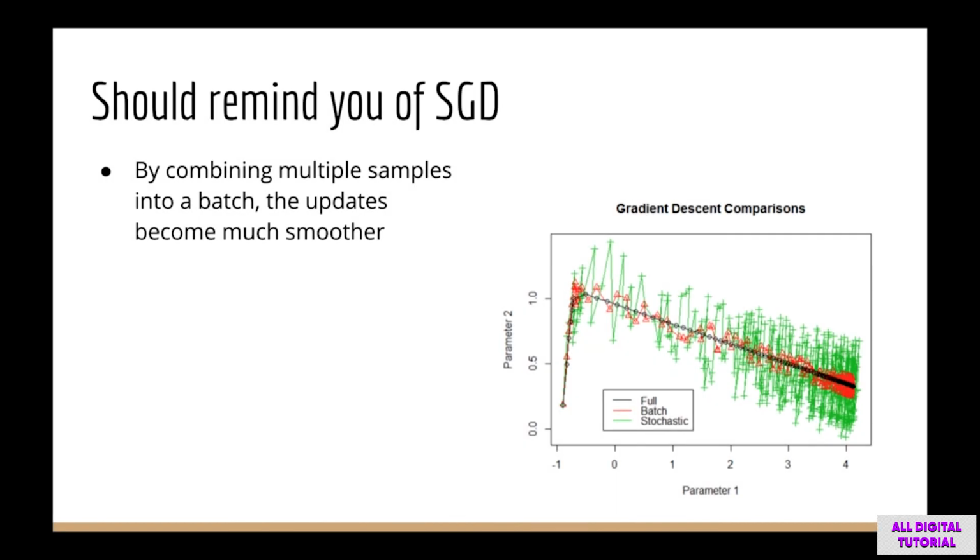This is like, say, instead of doing stochastic gradient descent, where you look at one sample at a time, you can do batch gradient descent, where you look at several samples at a time. As you may recall, this makes the loss per iteration much smoother. This might also remind you of the Deep Q network section, because in that case, we also wanted to add different features that helped us stabilize learning.